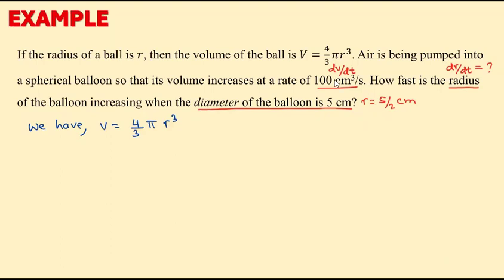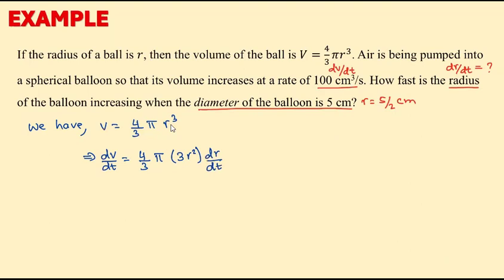We are calculating the rate, so we have to differentiate on both sides with respect to time. So dV over dt is equal to 4 over 3 multiplied by pi, which is a constant. The derivative of r cubed is 3r squared dr over dt.